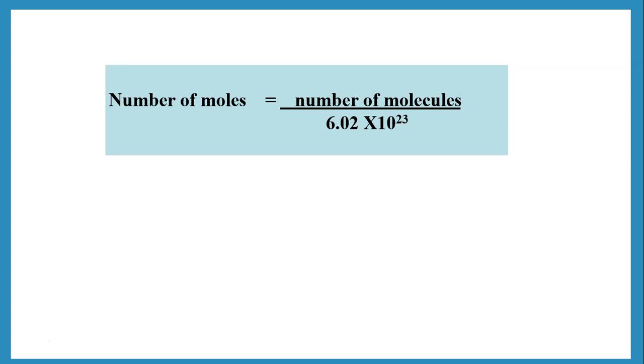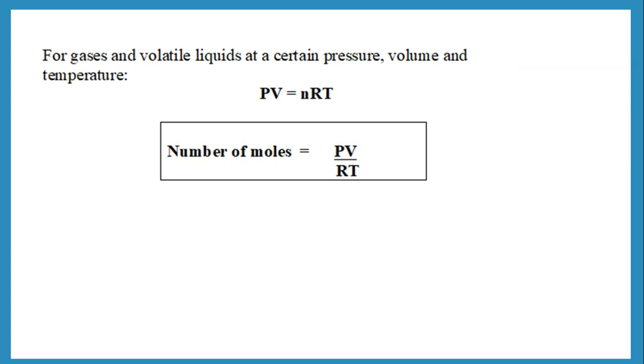You are also required to know the use of Avogadro constant, which is 6.02 times 10 to the 23. This gives the number of molecules. So if I want number of moles, it would be the number of molecules over 6.02 times 10 to the 23. That is if we want number of molecules, not number of moles.